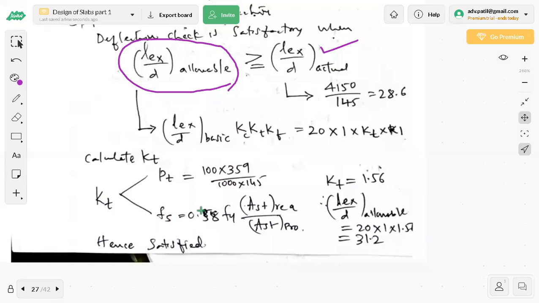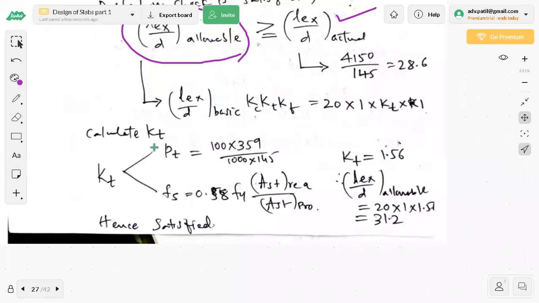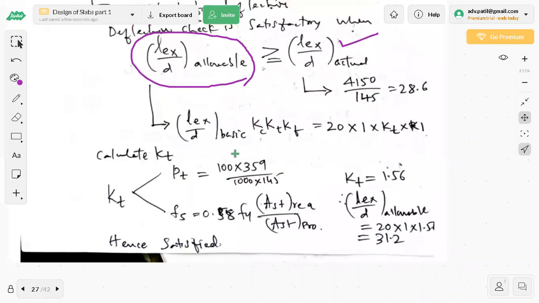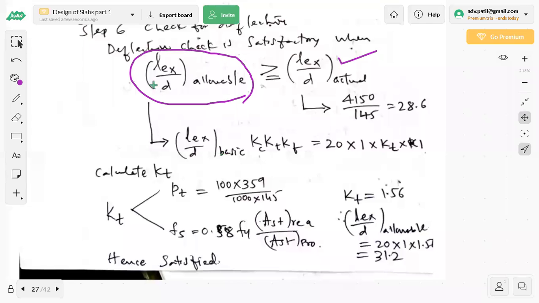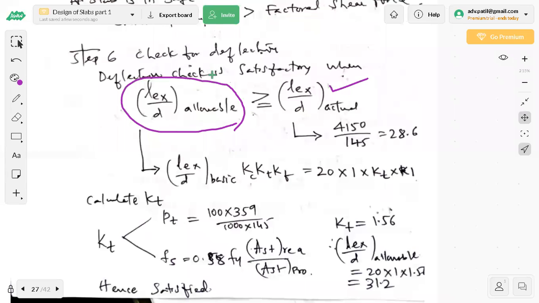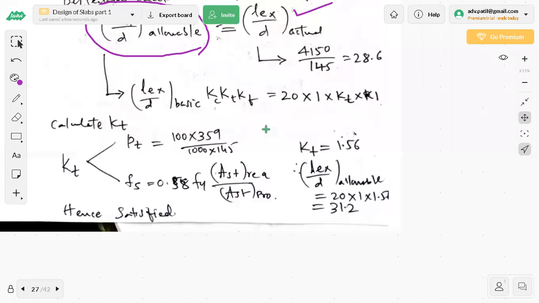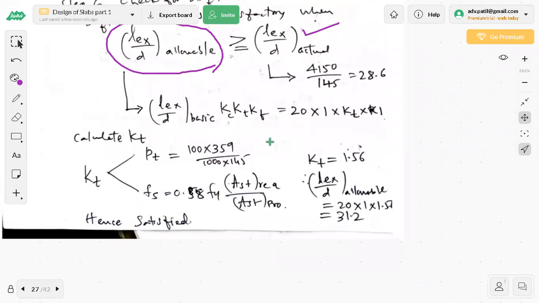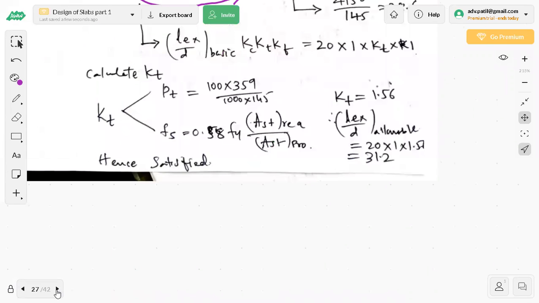You have to refer to the table, you have to refer to the graph. Finally 31.2. If you know how I got LHS 31.2, you can easily understand, meaning you know the deflection check properly. You should understand carefully because RHS is straight substitution. So this is the end of your slab design.